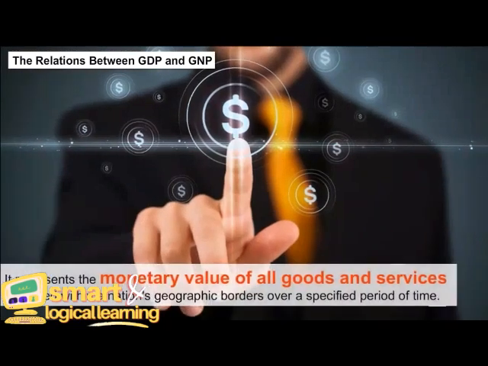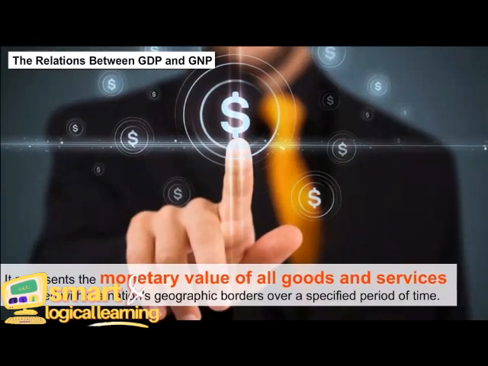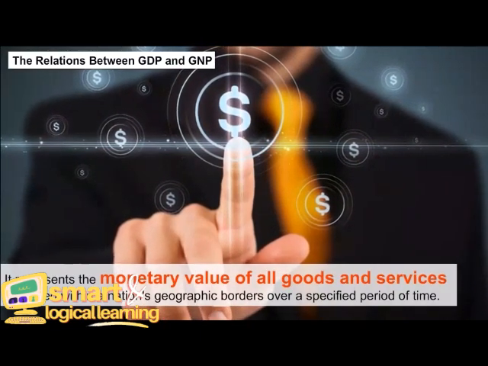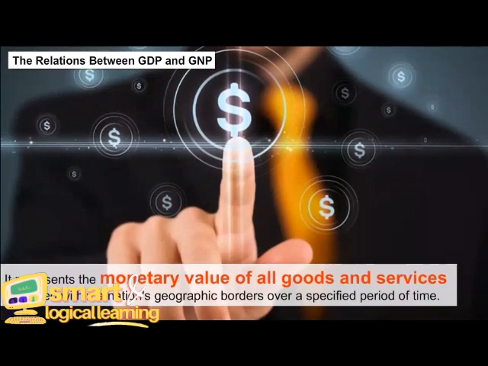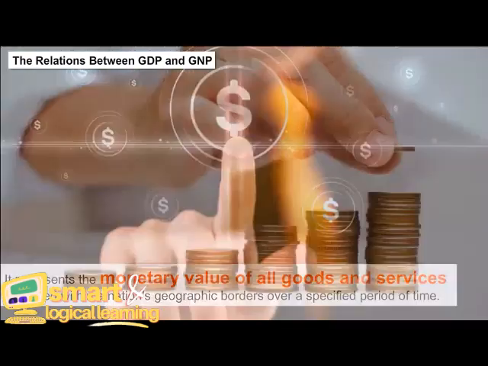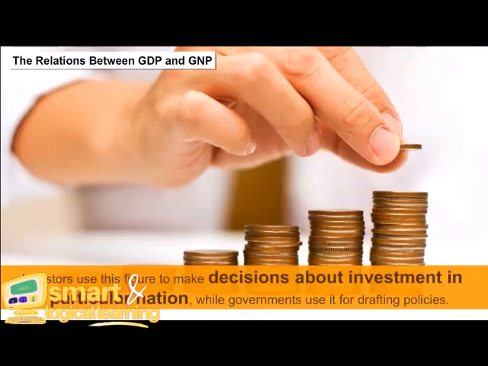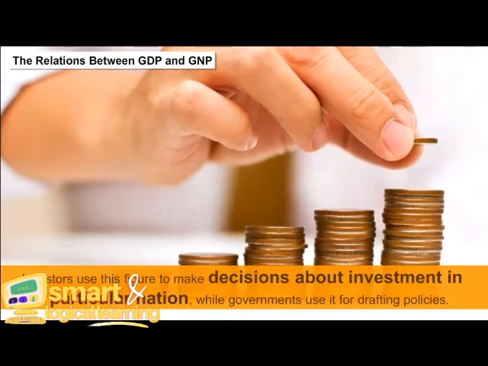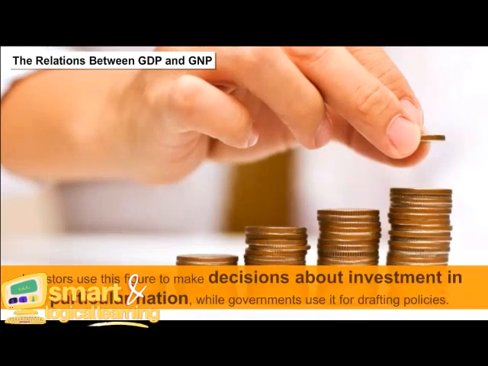It represents the monetary value of all goods and services produced within a nation's geographic borders over a specified period of time. Investors use this figure to make decisions about investment in a particular nation, while governments use it for drafting policies.